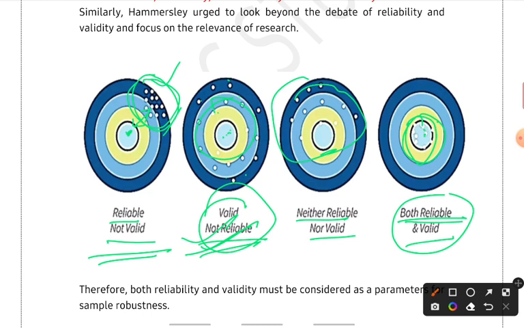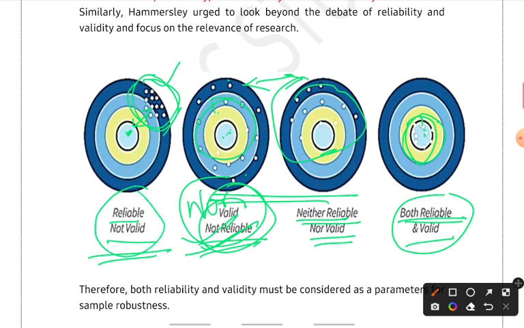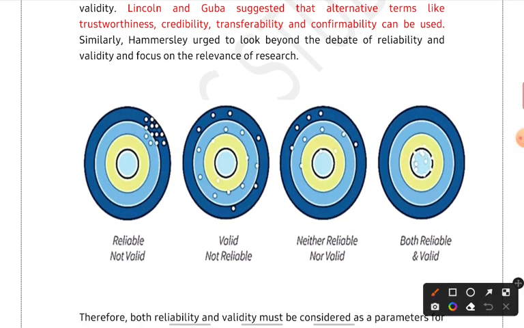Similar is this also. This is also, I guess, not valid, not reliable. This is also the same. These both are the same. Just eliminate these. It's reliable, not valid. Reliable, not valid. Then both reliable and valid.